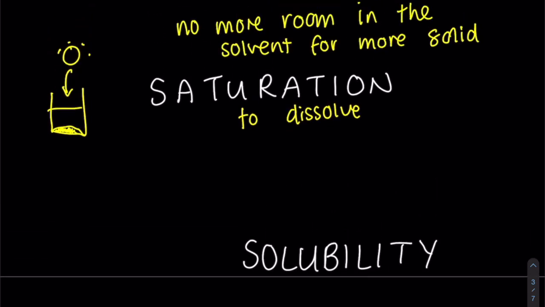Solubility is a really important part of this because different amounts of different substances will be needed to reach that saturation point. For example, if substance X has a solubility of 2.3 grams per litre, that means I can dissolve up to 2.3 grams of substance X in 1 litre of water before it will stop dissolving.